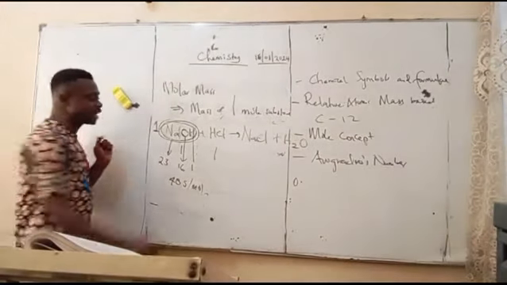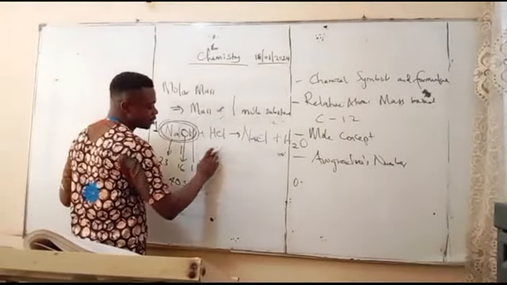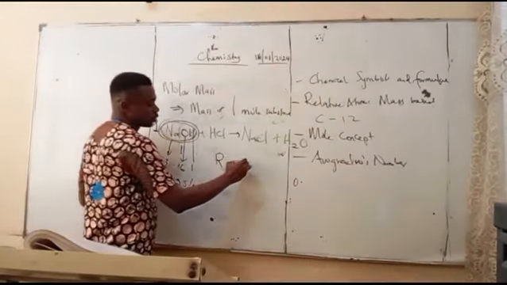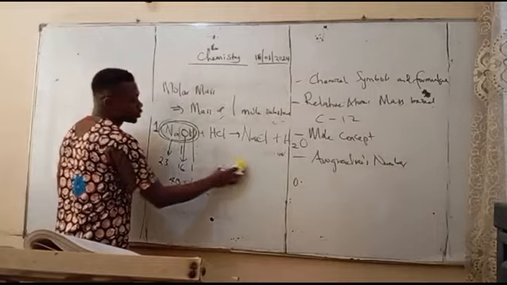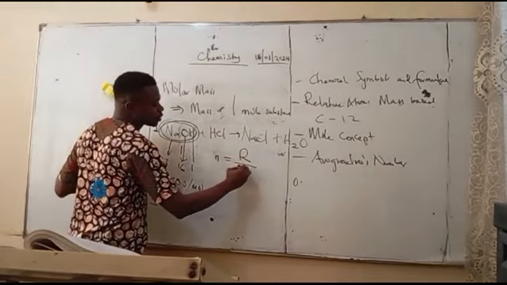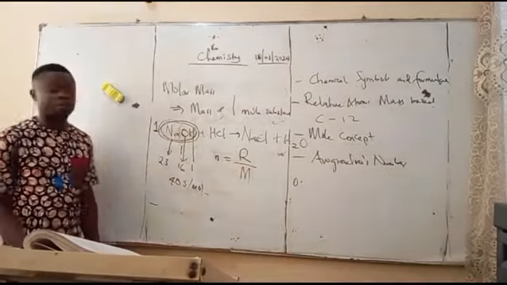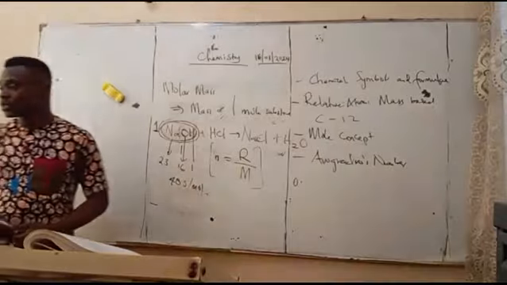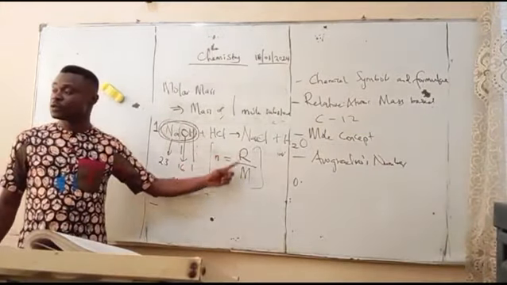The reacting mass, which is R, so the number of moles is equal to what? Reacting mass over what? Molar mass. This is a powerful relationship. The number of moles is the reacting mass over molar mass.